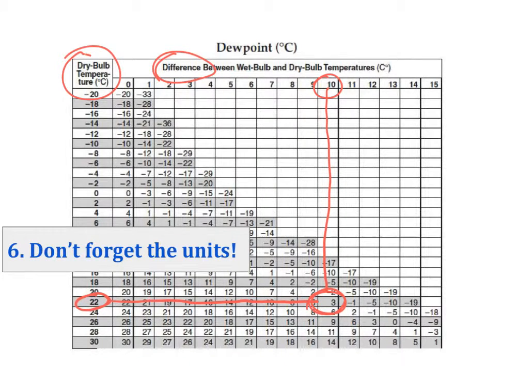And the last step, step number 6, is don't forget the units. So when we find out that the dew point temperature is 3, you need to include the units. The nice thing is they tell you, dew point right up here, they tell you that the units are degrees Celsius. So degrees Celsius for our units.